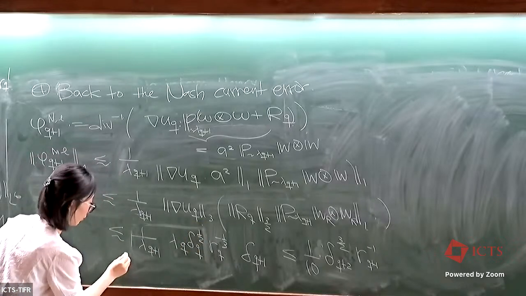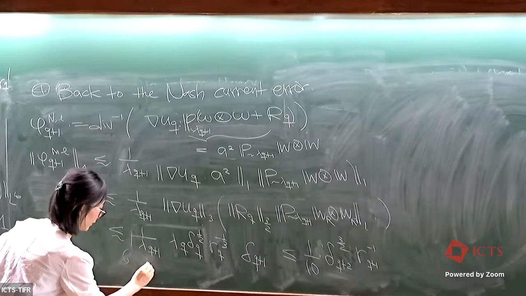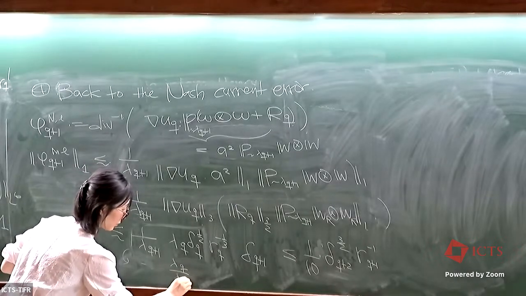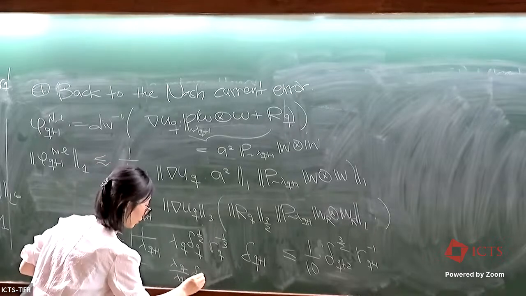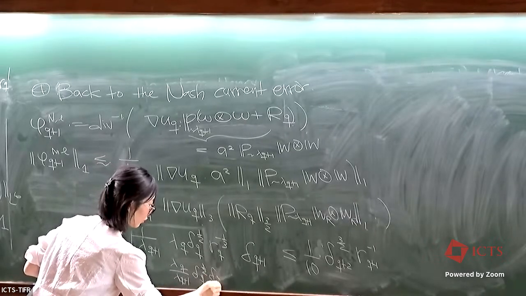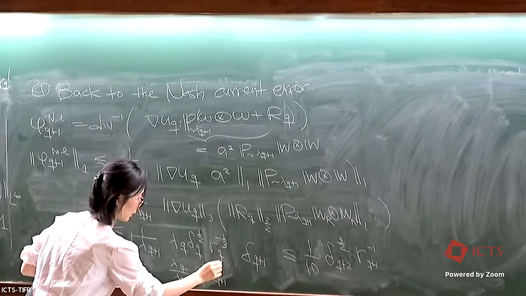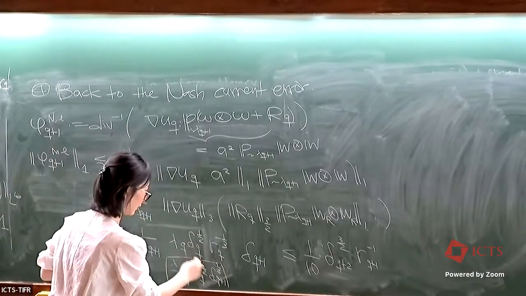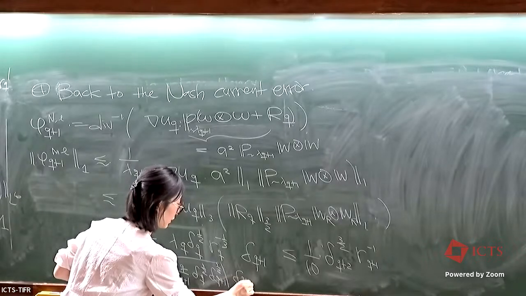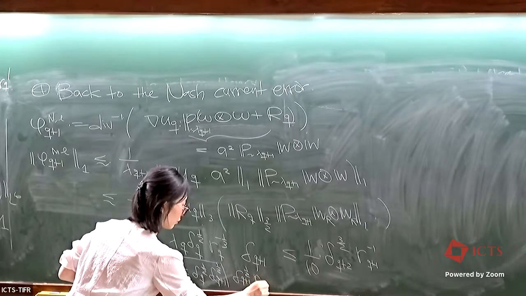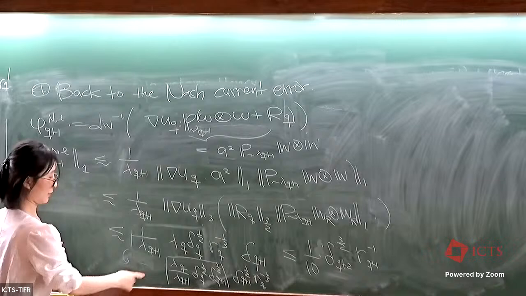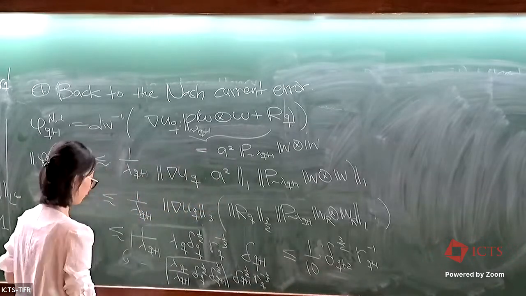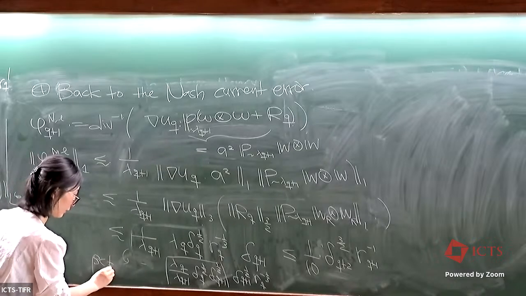I want to write this one in this way, like lambda Q plus 1, delta Q 1/2, and delta Q plus 1, 1/2. So this one was previously the size of the Nash error. And then the remaining one is delta Q plus 1, 1/2, and there's RQ minus 1. And this quantity was bounded by delta Q plus 2 if beta is less than 1.